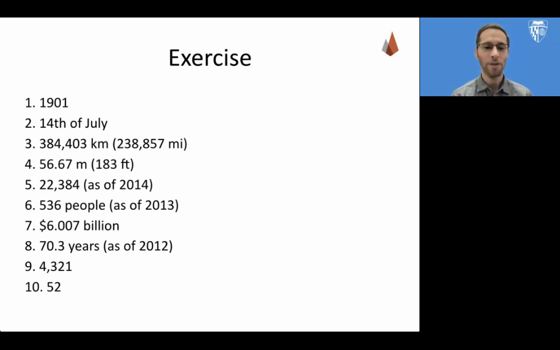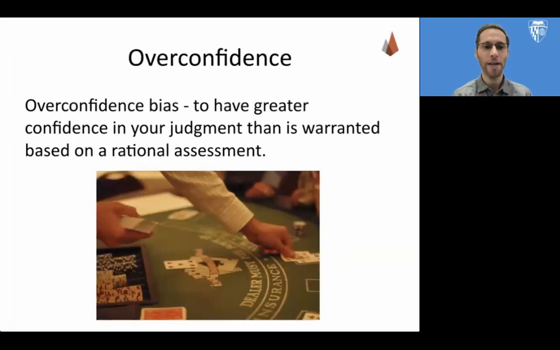In 2012 to 2013, the annual budget for the University of Pennsylvania was $6.007 billion. The average life expectancy in Bangladesh as of 2012 was 70.3 years. The world record for pull-ups in a 24-hour period was 4,321, and the number of colleges and universities in the Boston metropolitan area is 52. This exercise we just did helps us illustrate the overconfidence bias.